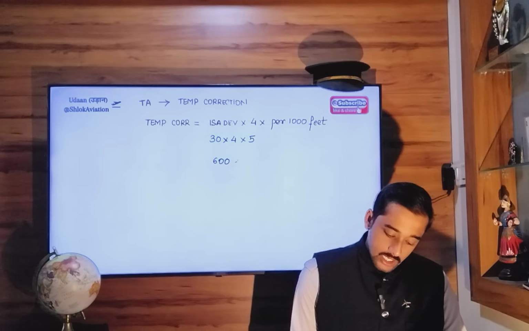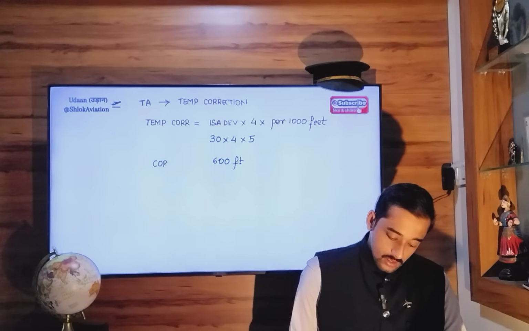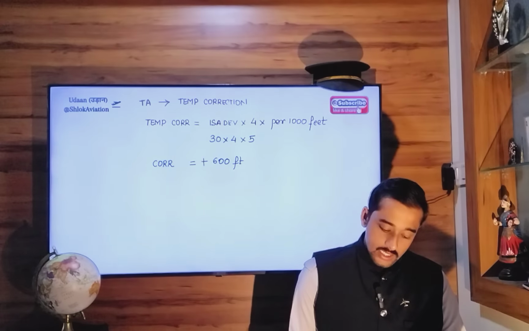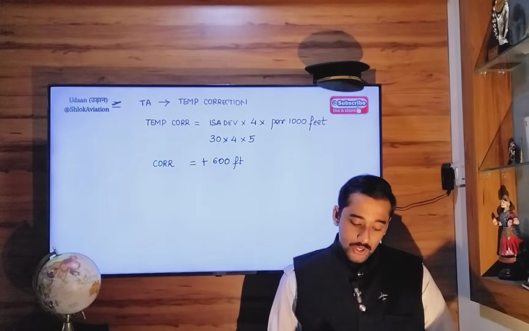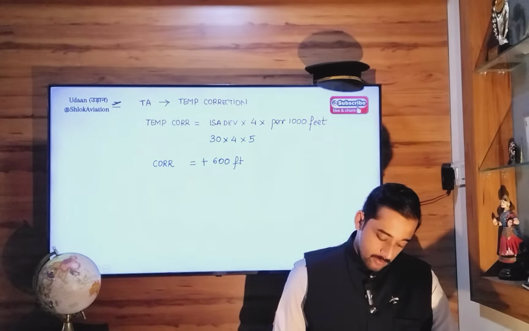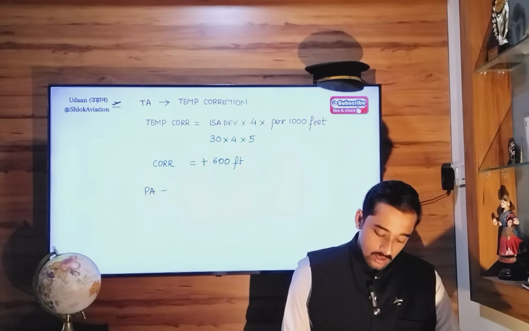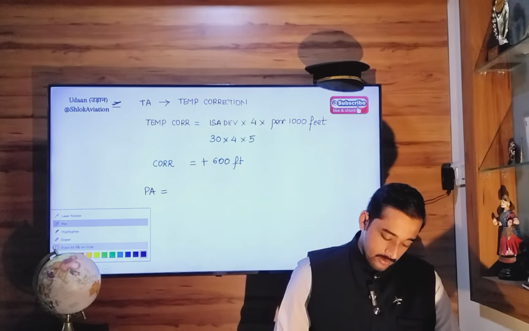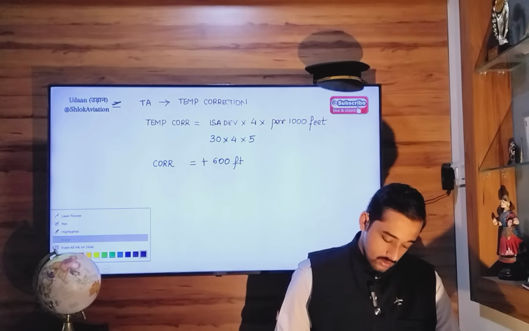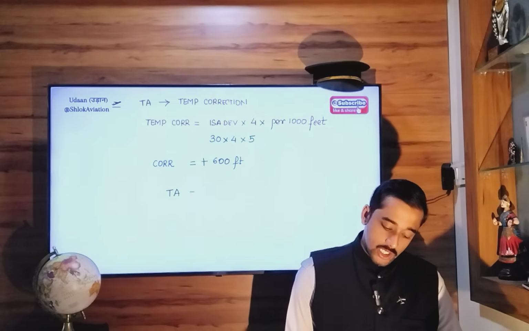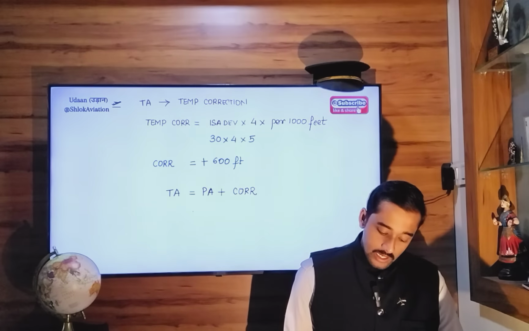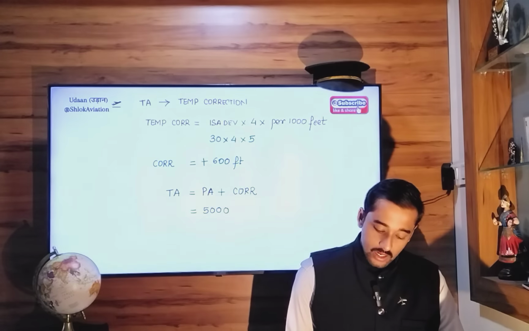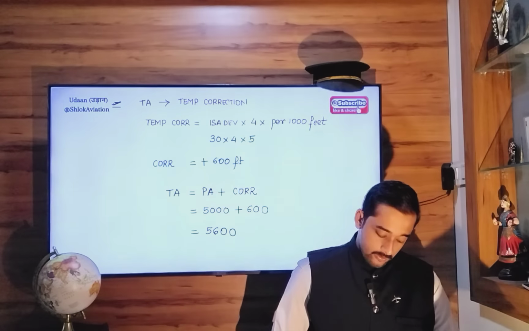So temperature correction is plus 600. That means you are going to add this correction to your pressure altitude. So true altitude will be equal to pressure altitude plus correction. Pressure altitude is 5000, correction is 600. So true altitude will be 5600 feet.